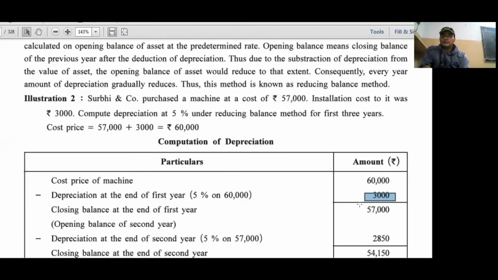Then the balance value is 57,000. Now for the second year, depreciation is on this 57,000, so it comes to 2,850. Now you can see that here the depreciation value is 3,000, here the depreciation value is 2,850, meaning every year the value of depreciation changes.